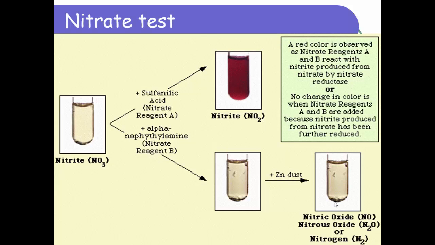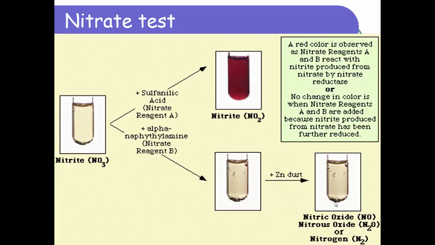The nitrate test. We start out with nitrate in our nitrate media. We inoculate the bacterium, and then after incubation we'll add nitrate reagent A and nitrate reagent B. Reagent A is sulfanilic acid, while reagent B is alpha naphthylamine.